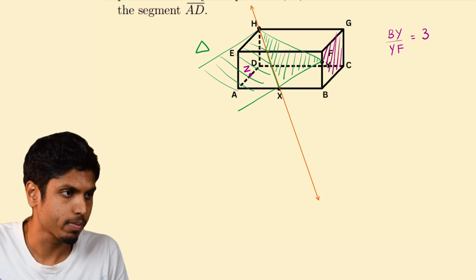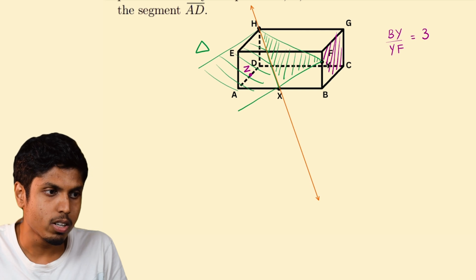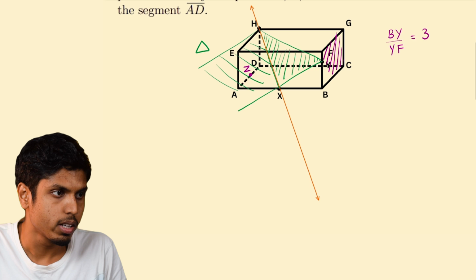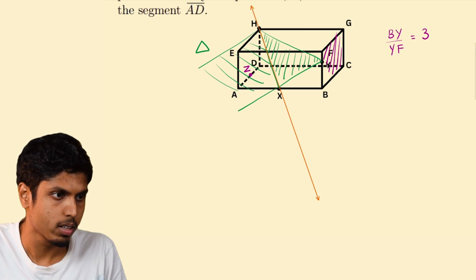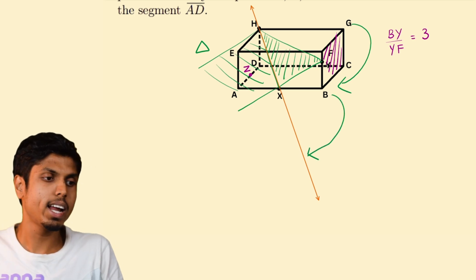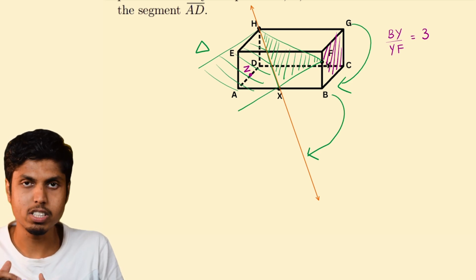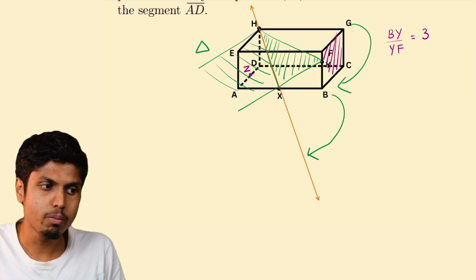And now the intersection will happen to be the reflection of point G about the point B. So when G is reflected with respect to B, it defines the intersection of the line HX with the plane BCGF. The reason being that X is the midpoint.